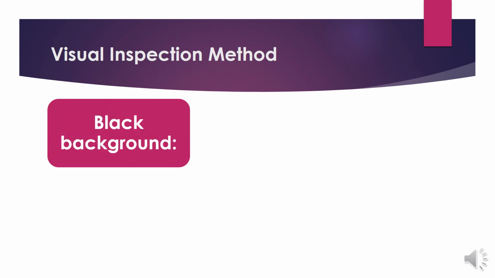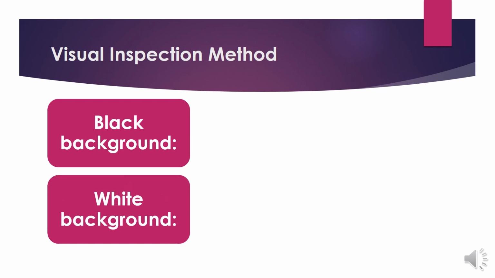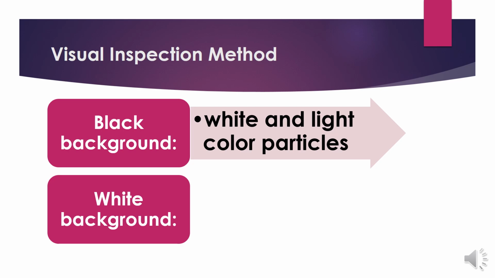So we have a black background and a white background against which we are going to check our product. Why? It says that the black background is applied for checking or observing white and light color particles.